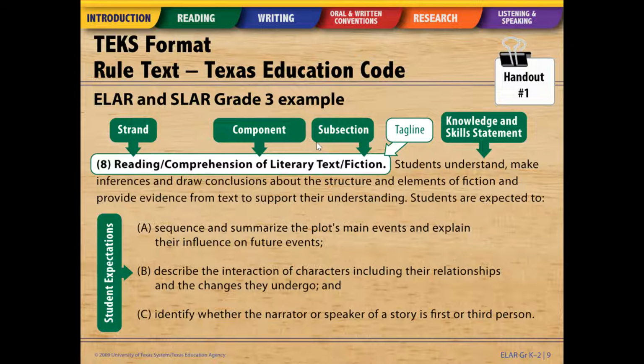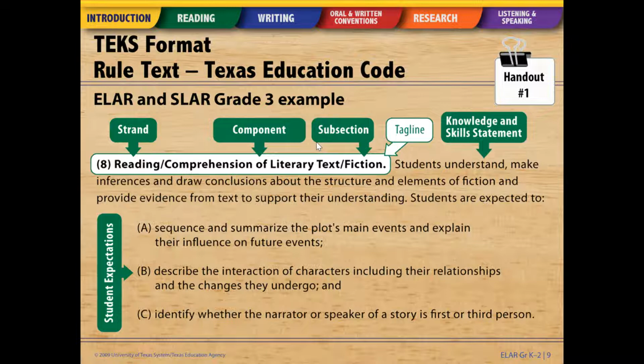So our overall big picture is reading, and then we're going to narrow it down a little to a component of reading. In this case, how to understand written text or literary text. And then to break that down even further and to get more narrow, we have a subsection of literary text, which is, in this example, fiction.